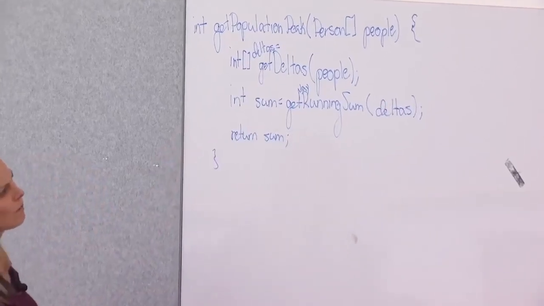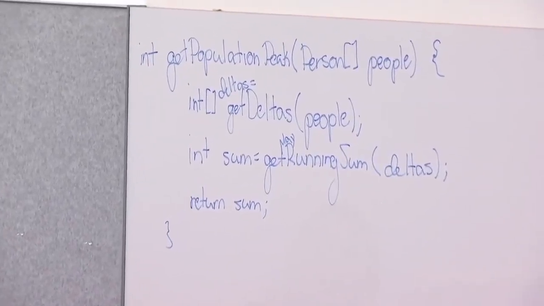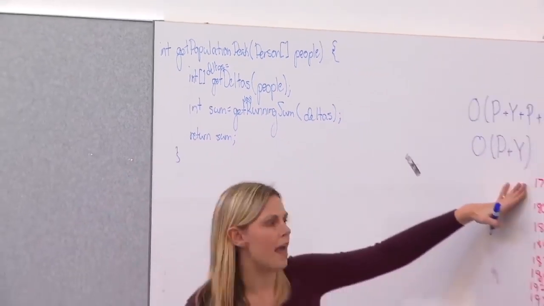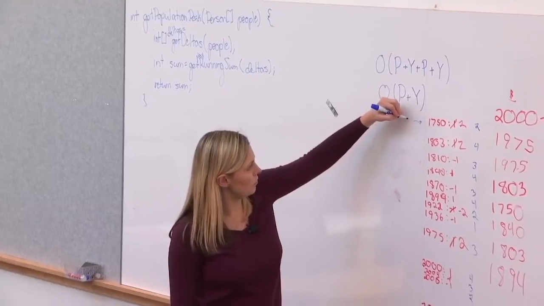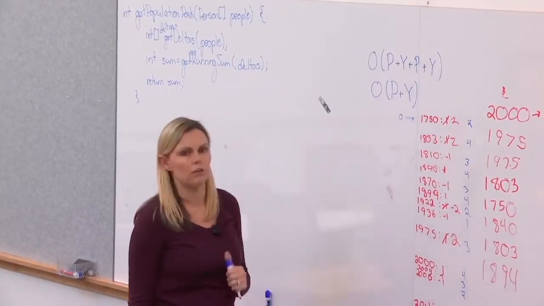Now, I'll pause for a second here and think about this. Does this basically work? One little problem here. This deltas thing, if it starts at 1750, I could create an array that is literally everything from year 0 to here.